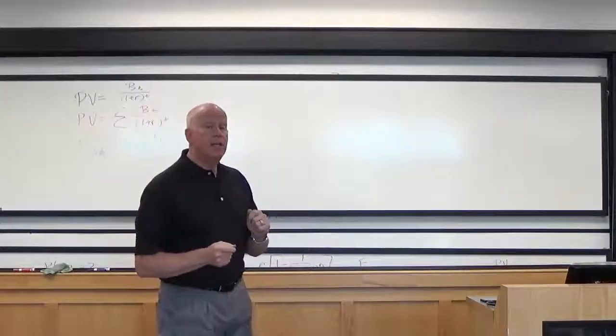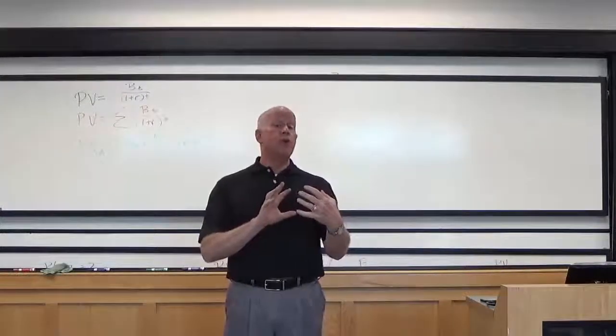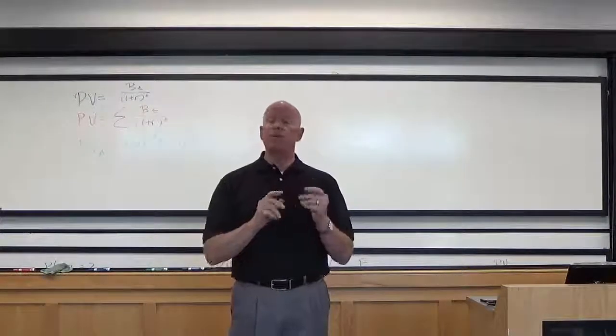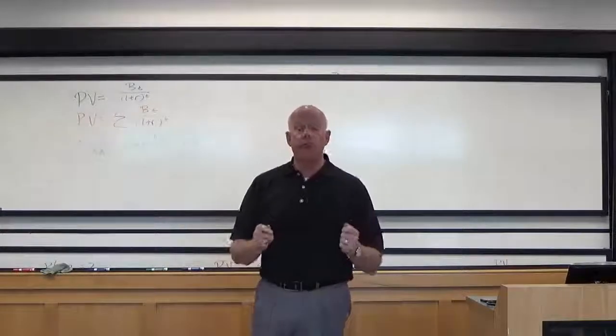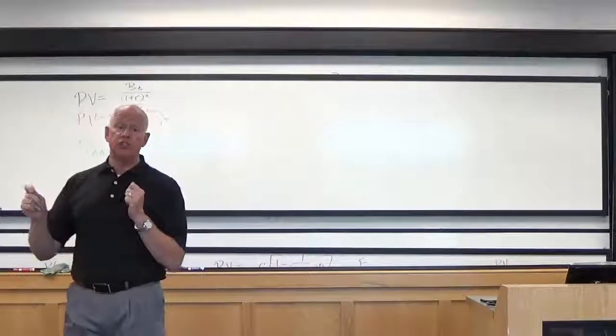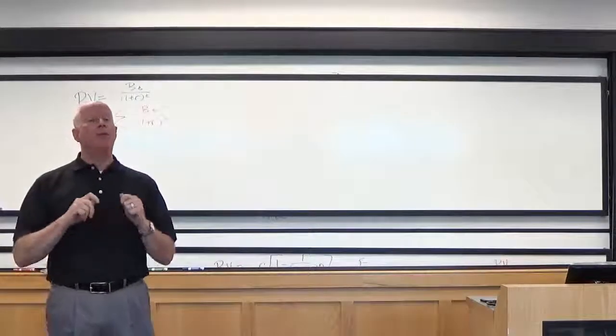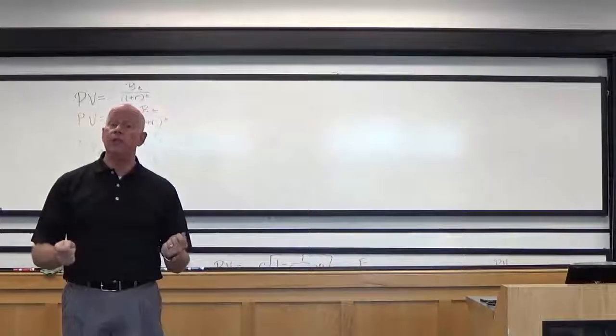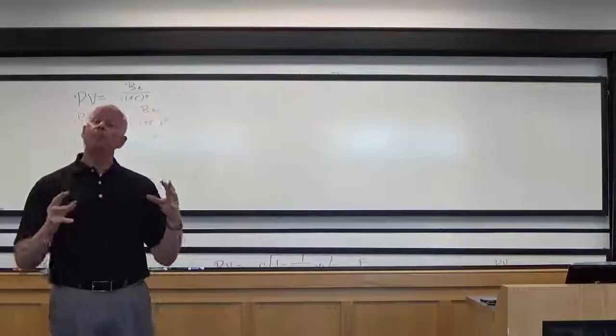And then finally, I'd like to put those two equations together, the present value equals Bt divided by (1 plus r) to the t, in which we've got a singular exchange, and I'm going to add that to, or combine it with, the present value of an annuity equation, and that becomes the bond value equation.